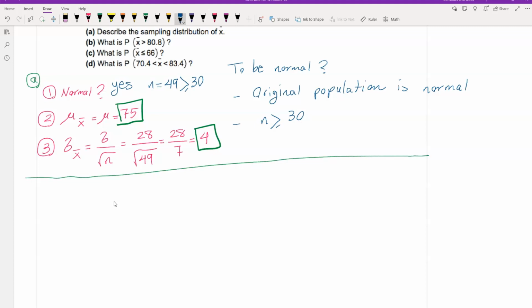So the first step is to convert X bar to Z. Finding Z: X bar is 80.8, minus the mean of the sample mean, which is 75, divided by the standard deviation of the sample mean. We already have the answer from part A, but it's better to always write all steps.